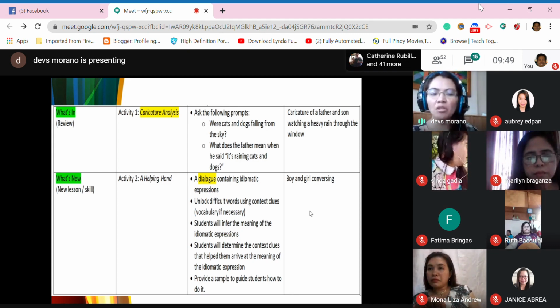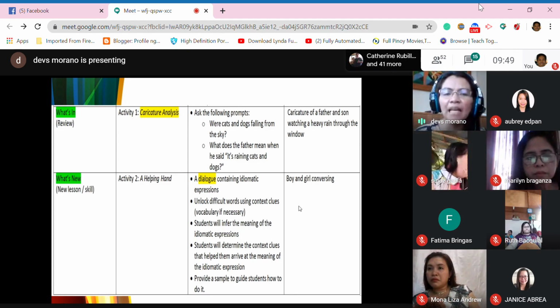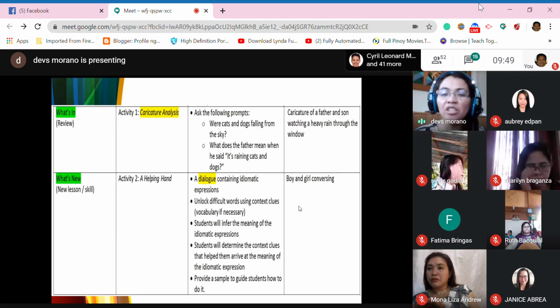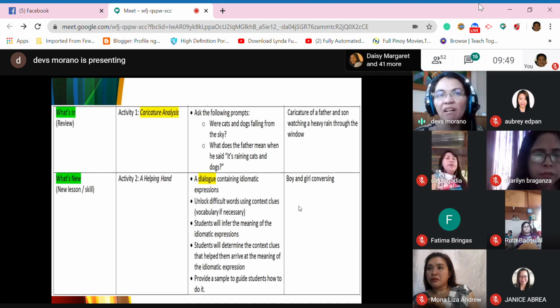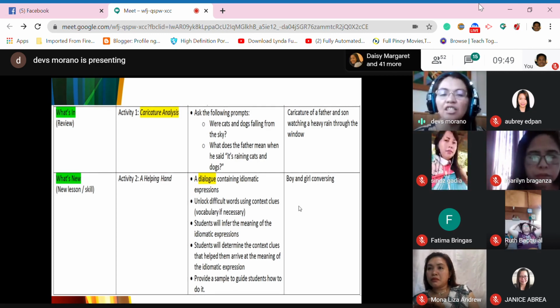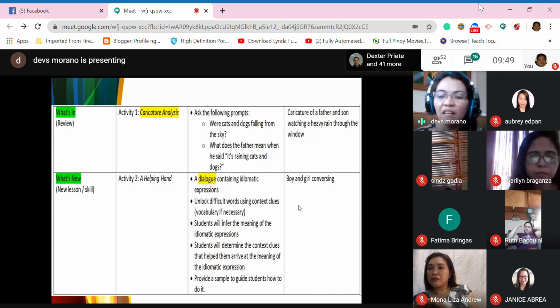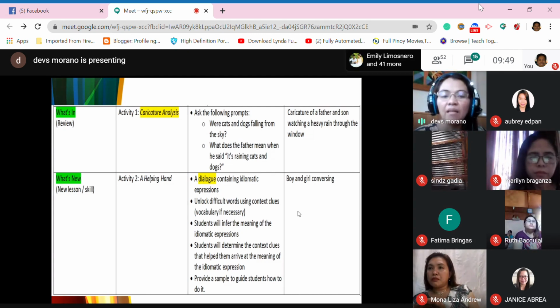For this module, the plan is that the teacher is going to present a dialogue which contains idiomatic expressions. And since there are difficult words, the module also has a part for unlocking difficult words using context clues.